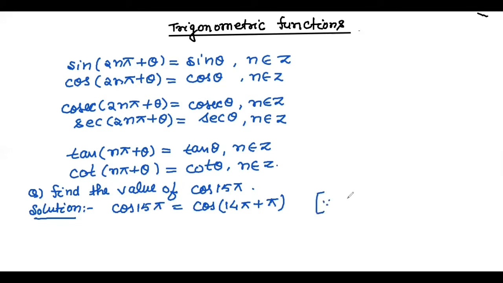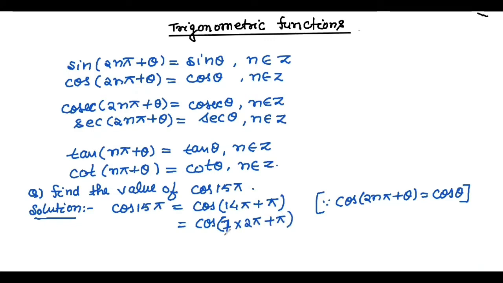We know that cos of 2n pi plus theta equals cos theta. So cos 14 pi means 2 into 7 pi, so n is here 7, 7 into 2 pi plus pi. So 2n pi plus pi.